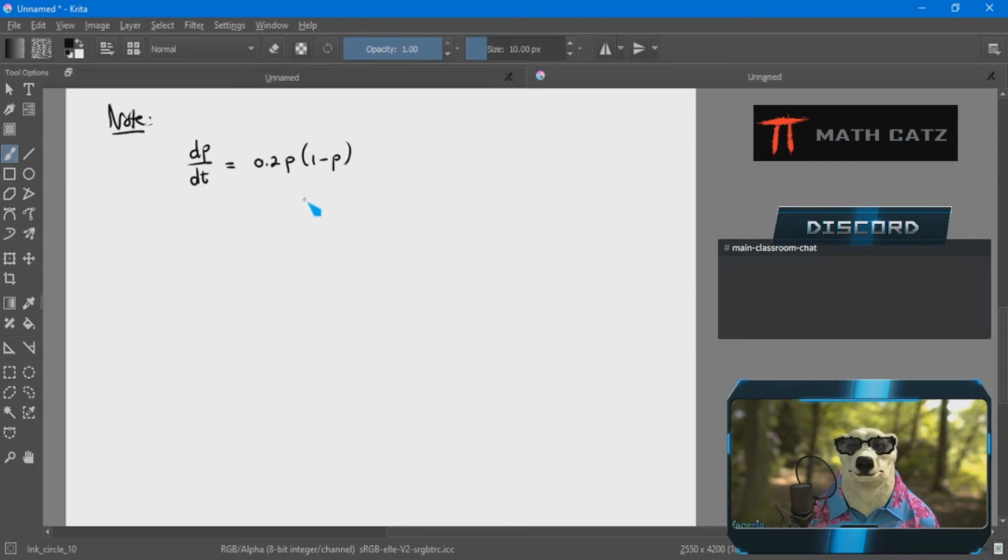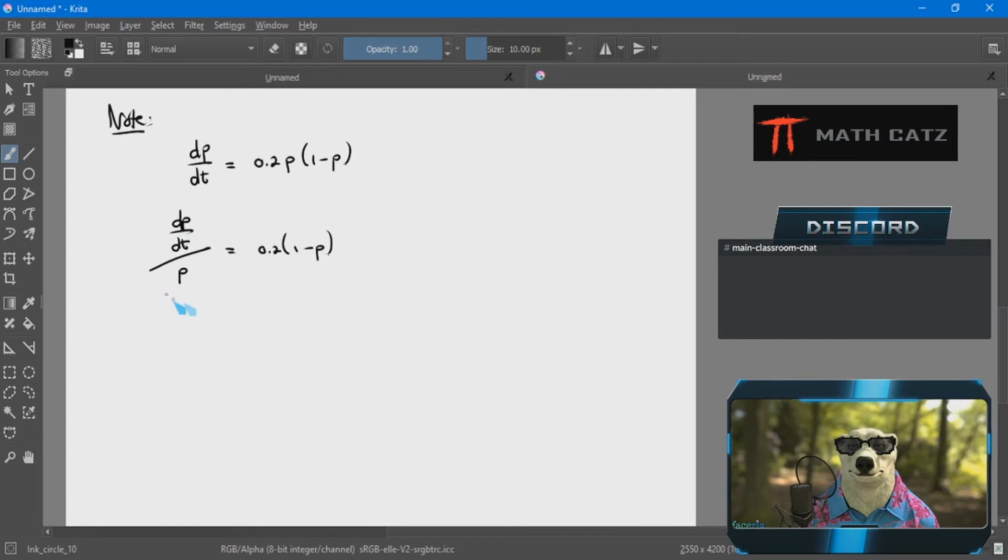Now forget that it's a percentage. Think of it as individuals. The growth rate of the number of individuals is proportional to the number of individuals, excuse me, and then this difference as well. If I divide both sides by p, then I get 0.2 times (1 minus p) on the right, of course.